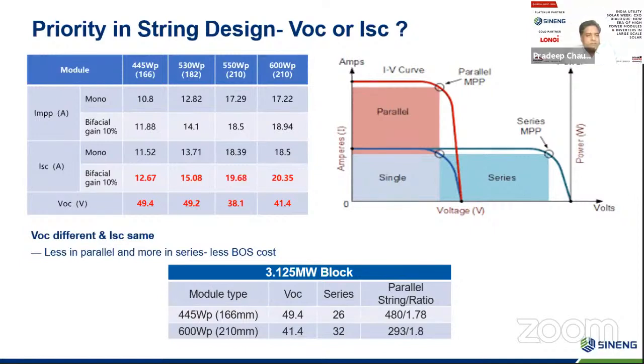In the case of VOC higher and ISC less, less parallel module connection and more series connection will lead to lower BOS cost in the form of less combiner box, less cable, less land occupation, etc. For a 3.125 megawatt block, we can see the differences. Less module will lead to less land cost, cabling, and other cost reduction.